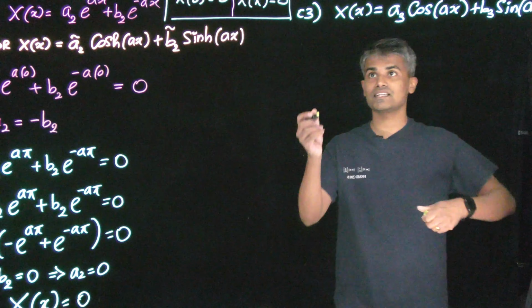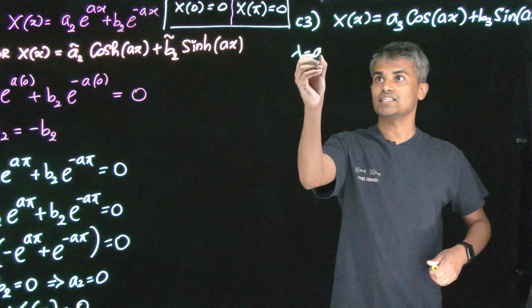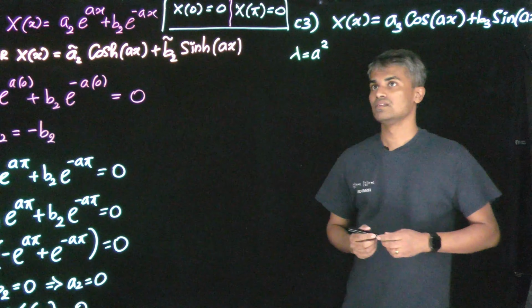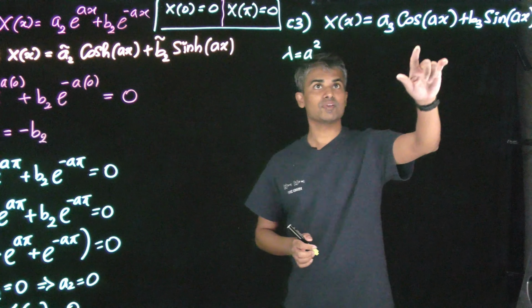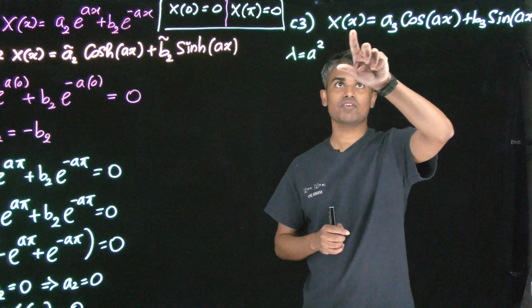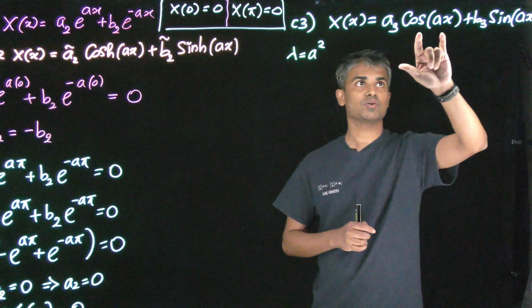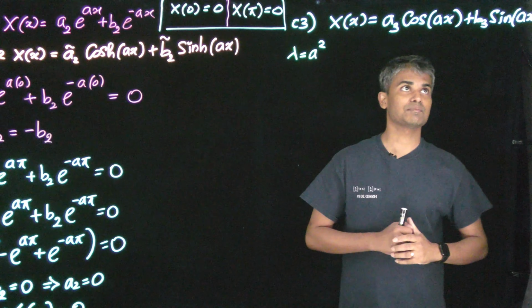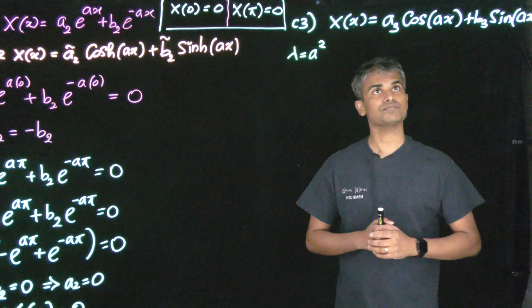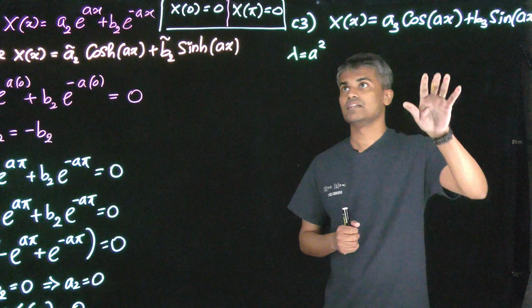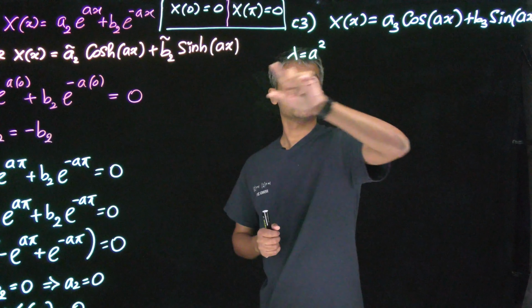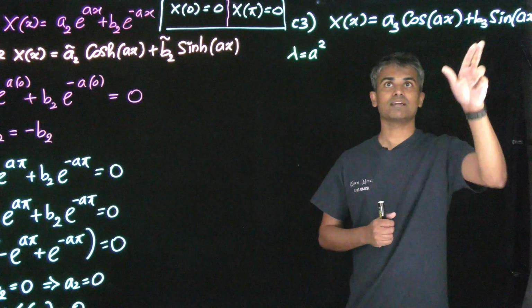So we set lambda equals a squared, and then we got big X of x equals a3 times cosine ax plus b3 times sine ax. Okay, let us use the same boundary conditions and let us figure out the values of a3 and b3.